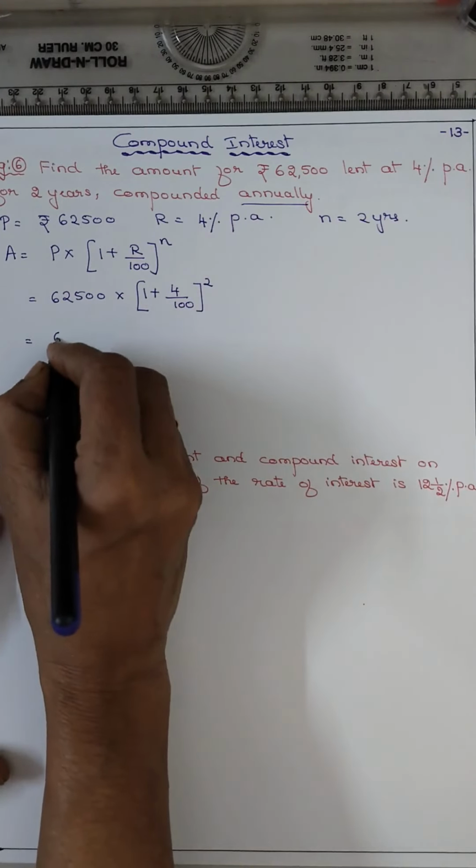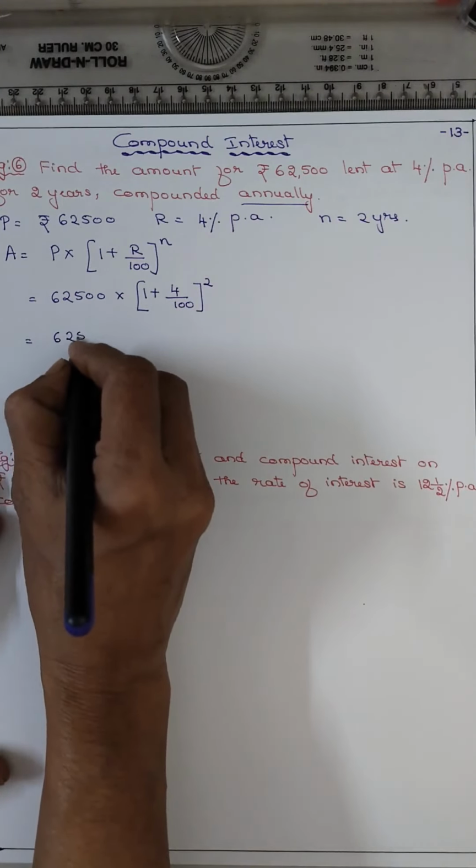So, it is 62,500 into, 4 ones are 4, 25s are 100, so this becomes 25 upon 25. So, 25 plus 1, 26 upon 25 into 26 upon 25 because it is 2 times. 25 ones are 25, 25s are 625 and 2 zeros, and this is 1 time 25, so 100.